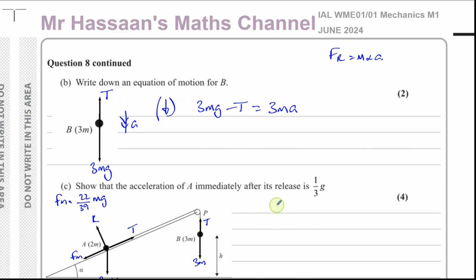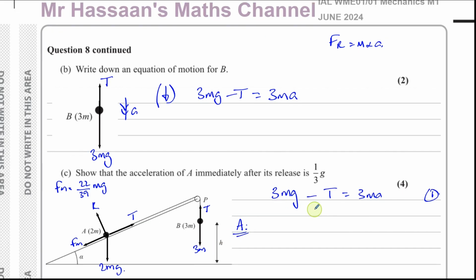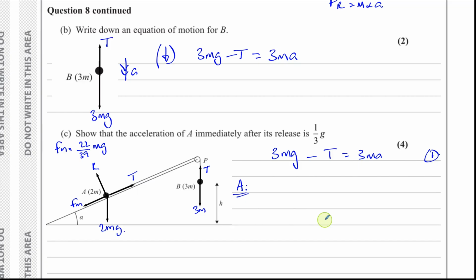So we already have one equation from the previous question, 3 mg minus T equals 3 ma. I'll call that equation 1. Now we're going to consider the particle A in order for us to get another equation of motion, which hopefully we can then use to solve the problem.